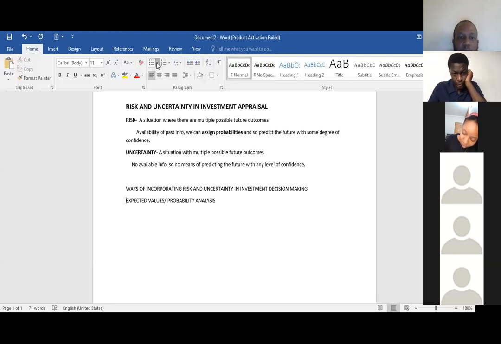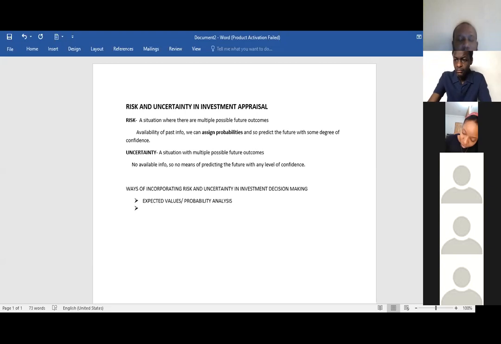Another one, I think it's quite early to do this, but one other one is using sensitivity analysis.